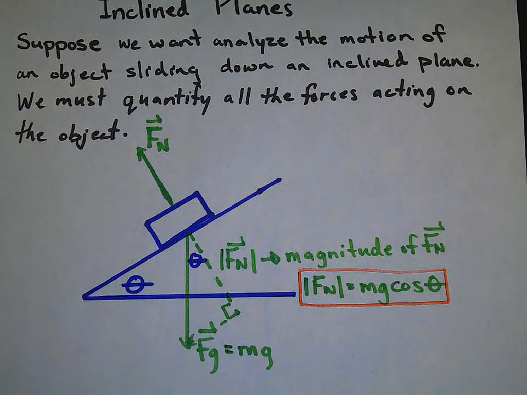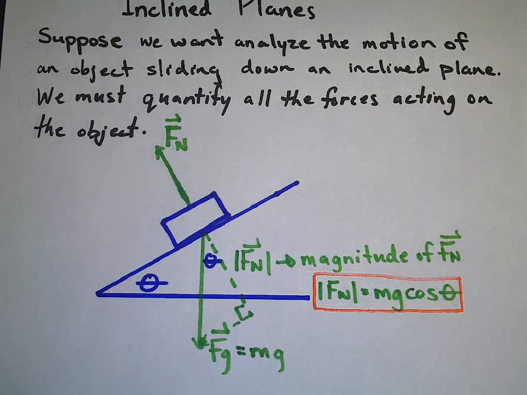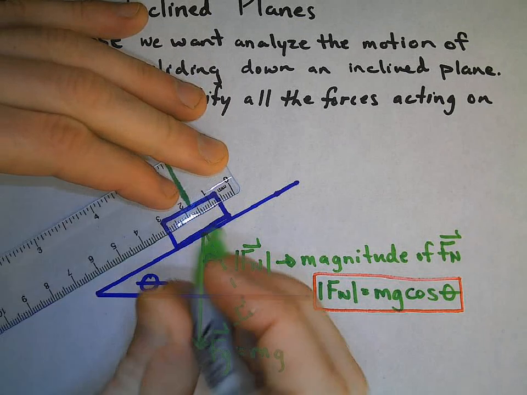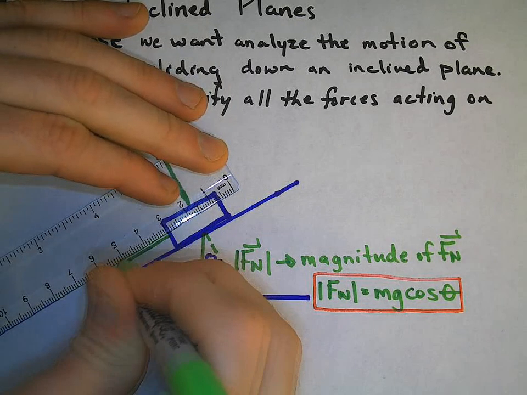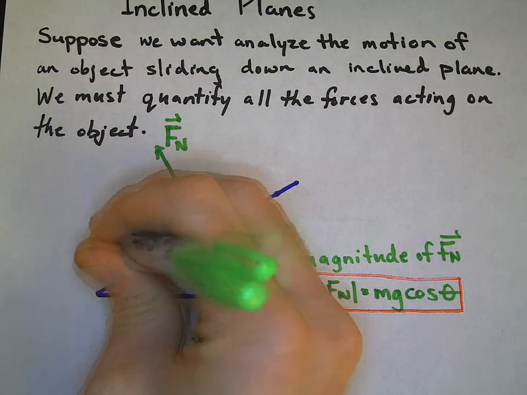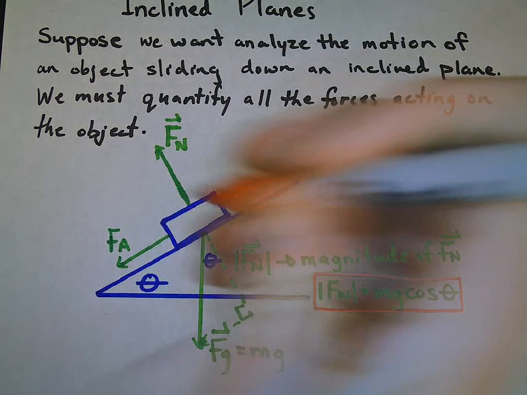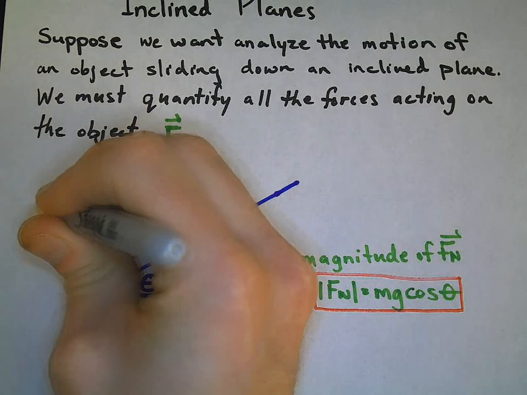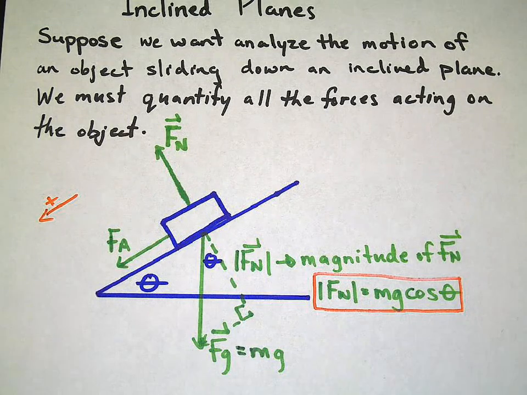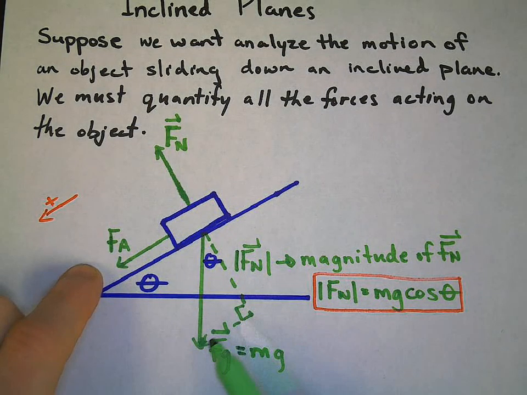What else possibly can we have acting on this? Well, we also have an applied force acting down the ramp. And because our applied force is acting down the ramp, we can therefore state that down the ramp is our positive direction. And the applied force is also perpendicular to the other component of our normal force.